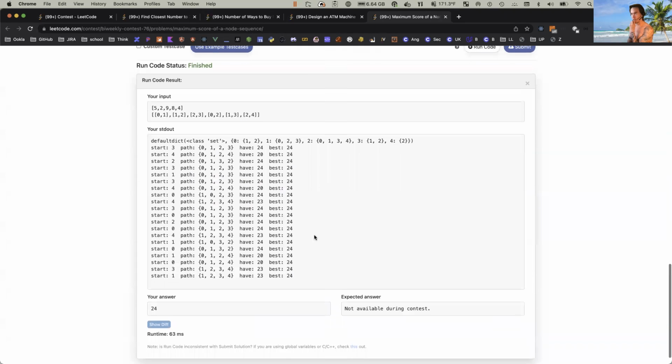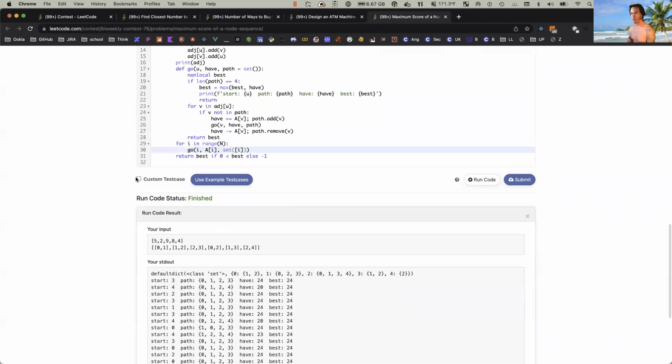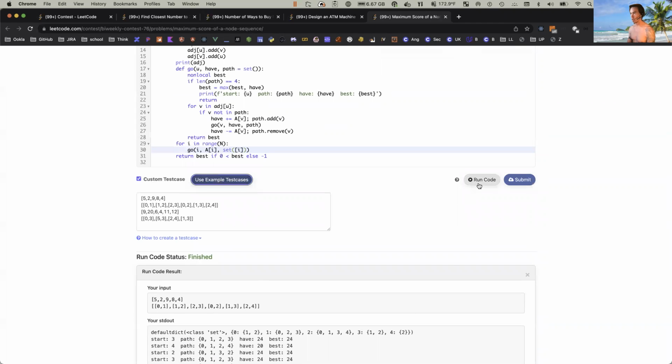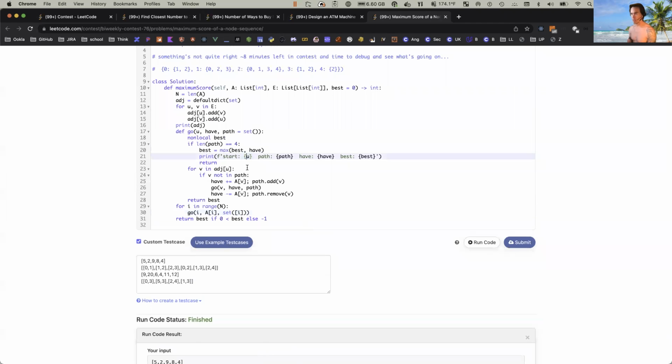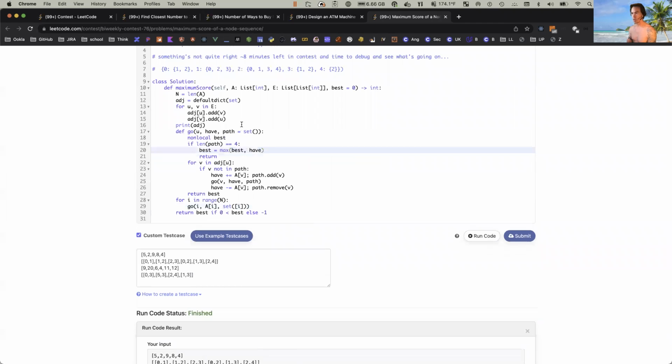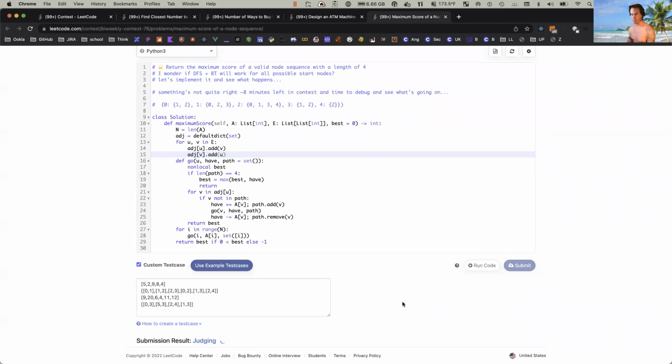Okay, that looks right. And try the other one. It should be -1. Looks good. Okay, let's get rid of this and submit that. Cross your fingers. It's taking a long time. Might TLE.